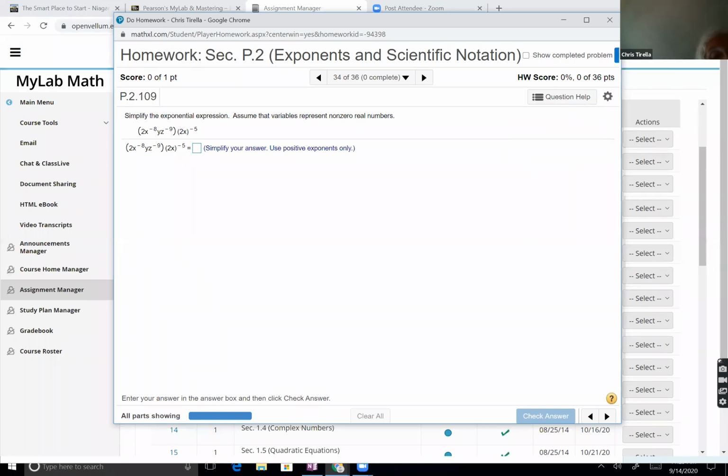So we've got 2x to the negative 8, y, z to the negative 9, all to the negative 5 times 2x to the negative 5. Order of operations: there's nothing to do inside the parentheses. Exponents: both things in that parentheses are being raised to the power.